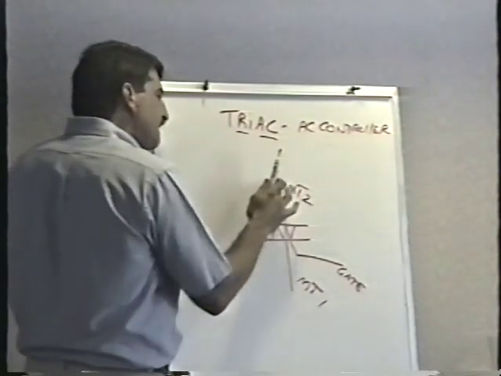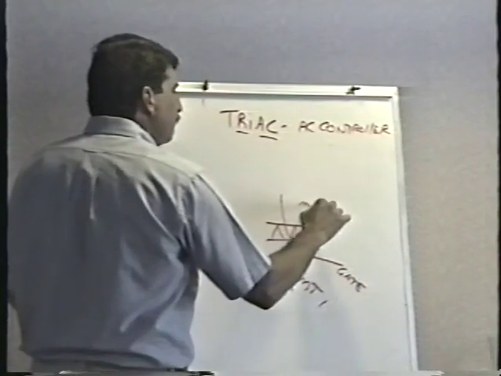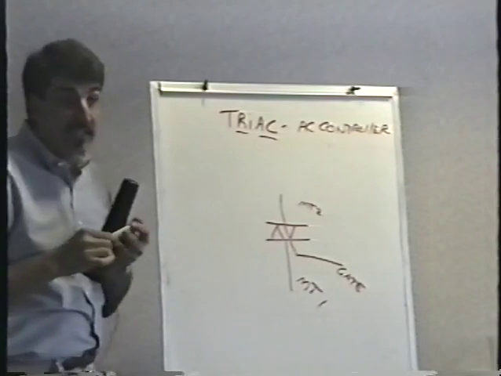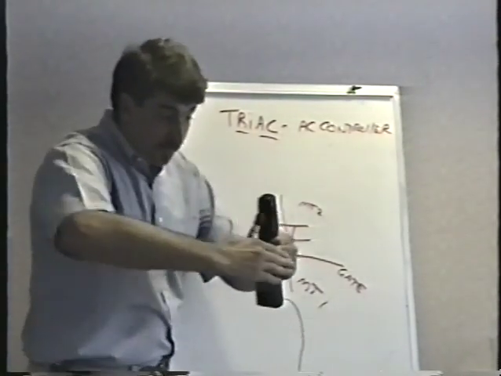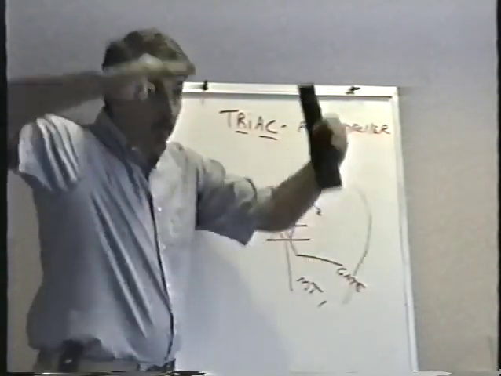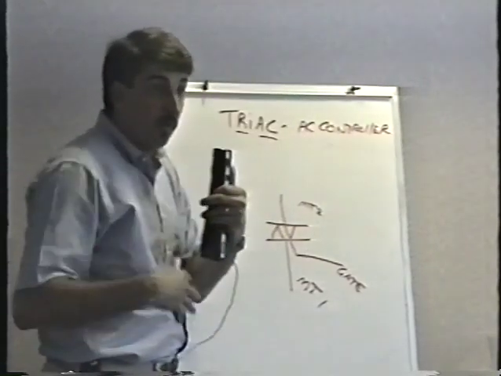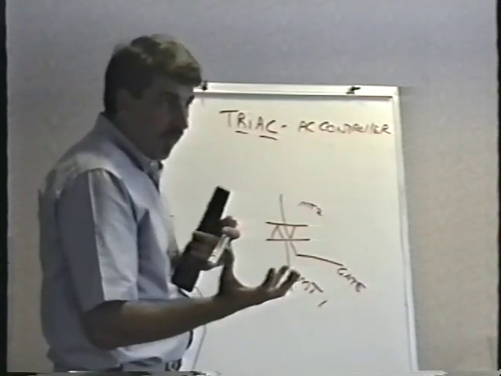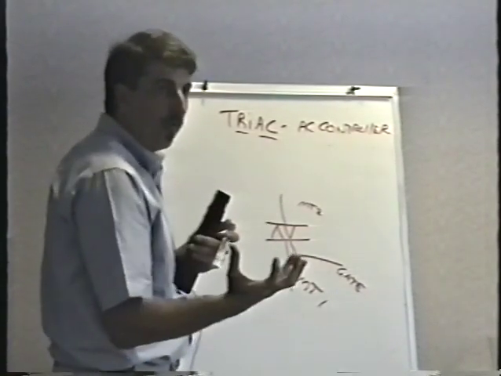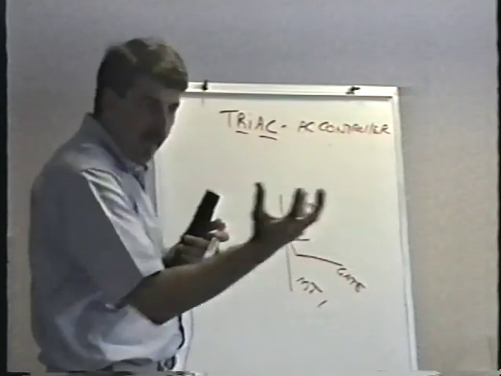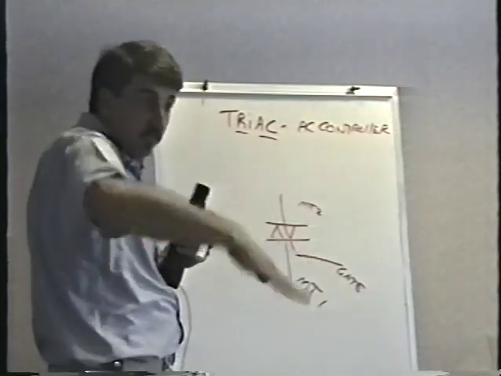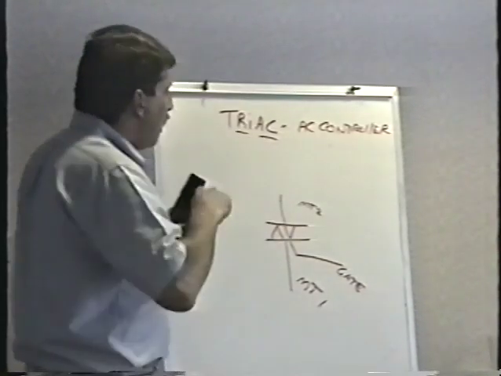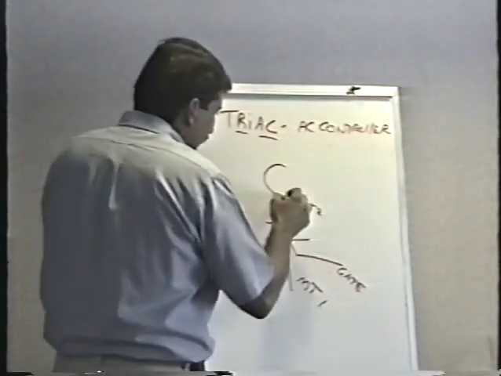And where we use these is to power things like, for instance, in a basketball game. You know that there's a bar that locks the balls in place, and that bar raises up when you put the coin in and the balls roll down. Well, the thing that raises the bar is either a motor or a giant honking solenoid. I mean, just a giant coil that goes clunk and energizes and raises the bar. Or it's a motor that spins and raises it up. Regardless of that, these are powered by triacs.